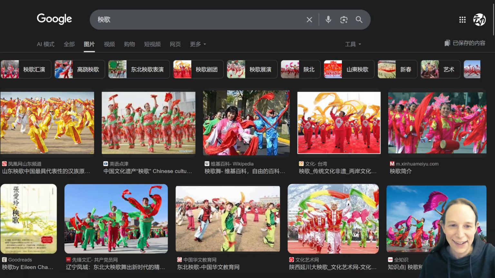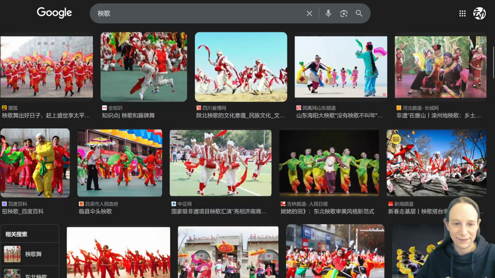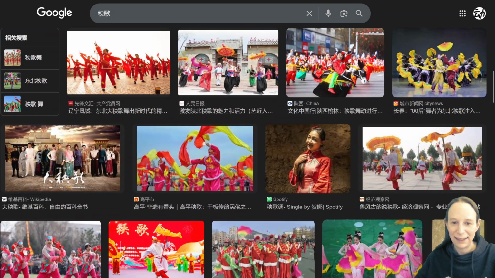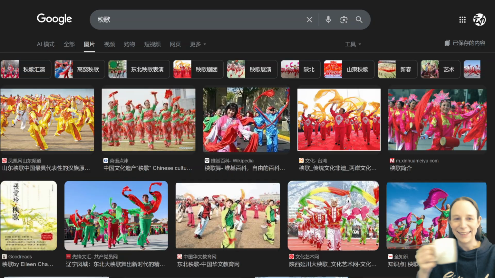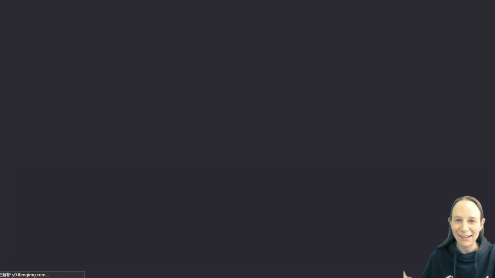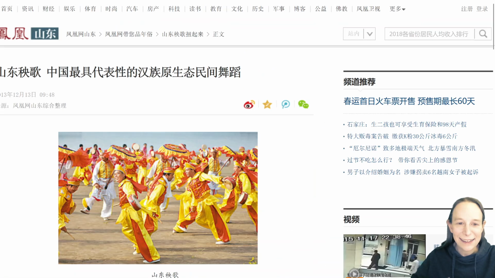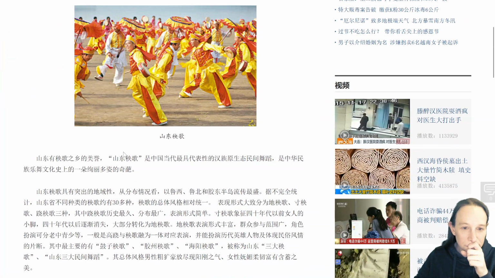Oh, that looks fun. All right. That is yangge. That's really interesting. Shandong yangge. I'm in Shandong. Can I see yangge? I don't know. If I can see yangge, I'll go see yangge. Yeah, it looks fun. When do they have performances?